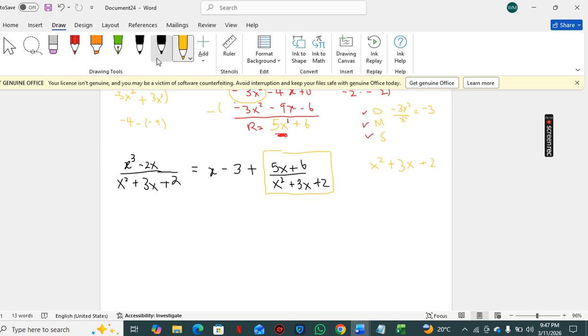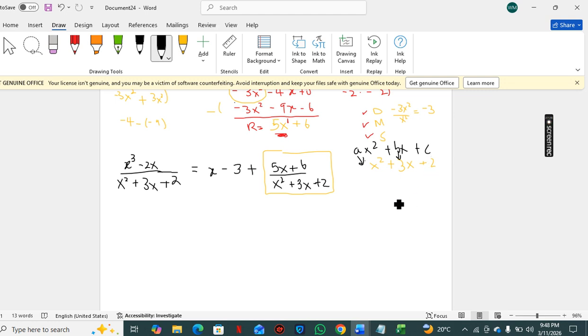Okay. So quadratic expressions, colleagues, just remember this: ax squared plus bx plus c. A is just the coefficient of x squared, the number in front of x squared. B is just the coefficient of x, the number in front of x. C is the constant, the number without an x.